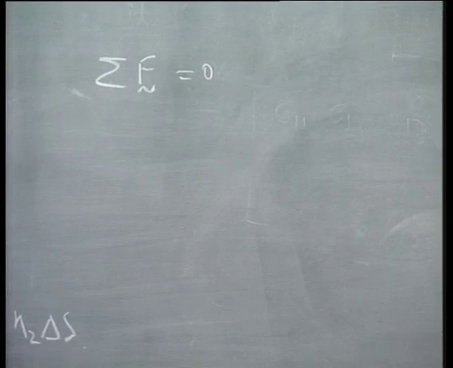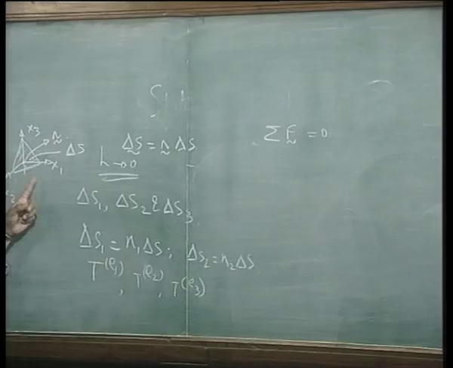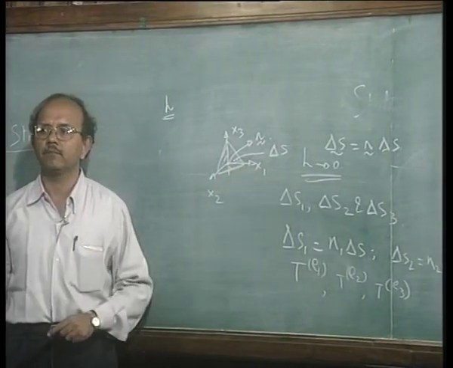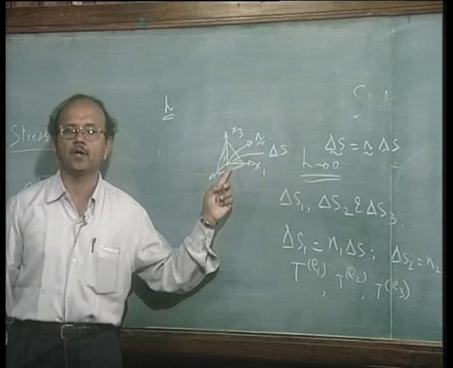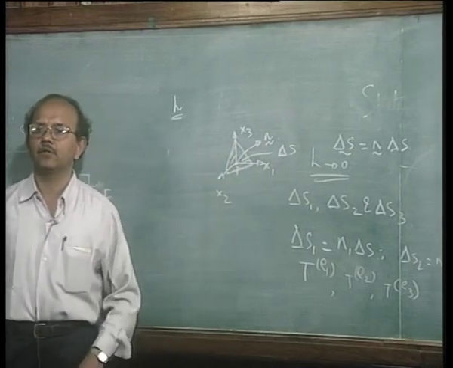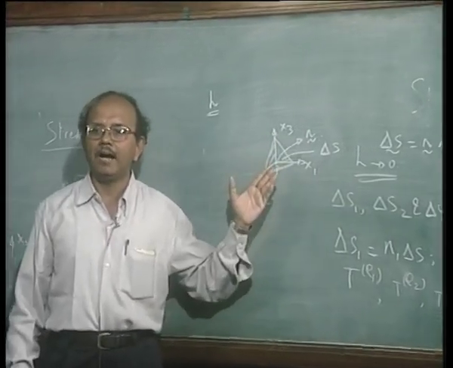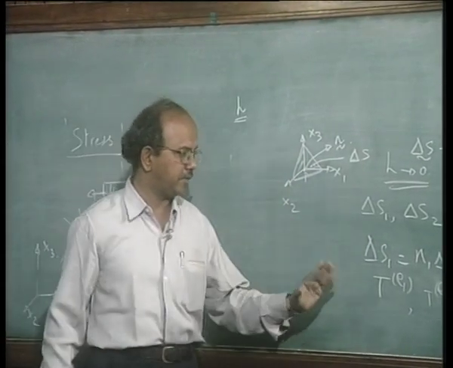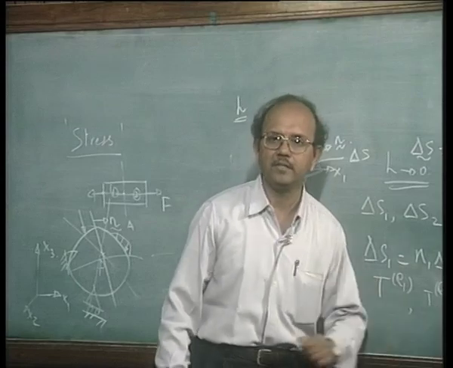Now what are the forces that are acting on this body? What is the body that is of interest to me? It is this body. So this body consists of three planes and an inclined plane. The forces that are acting in these three planes are T1, T2 and T3.